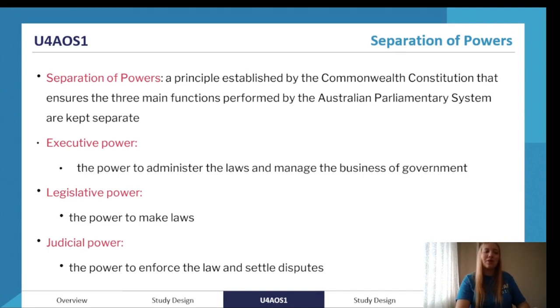In theory, these are supposed to be separate, but they overlap. So executive power is essentially administration of laws and managing the business of government. So how laws, from when they come into legislation, are actually put into effect. And a lot of the work in relation to this is done by the representative government, that majority of seats in the lower house, because they have executive powers.